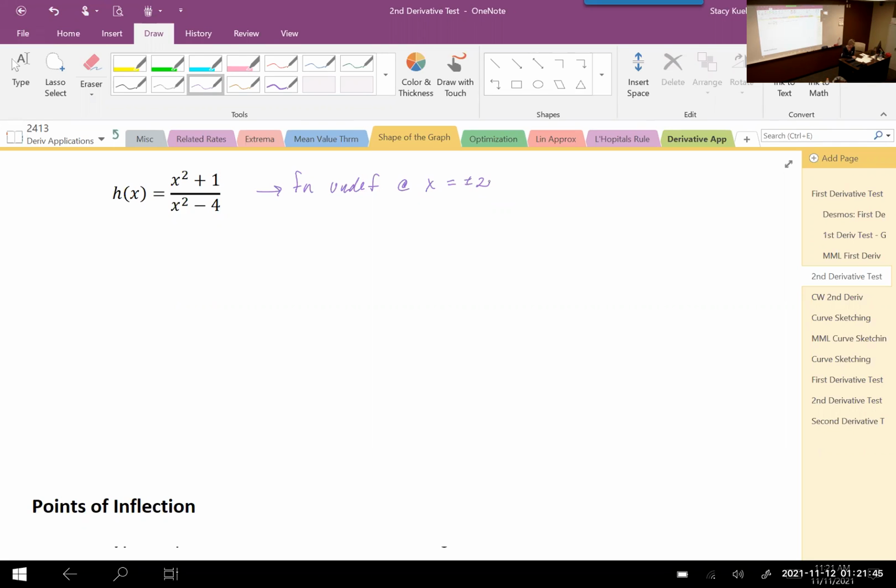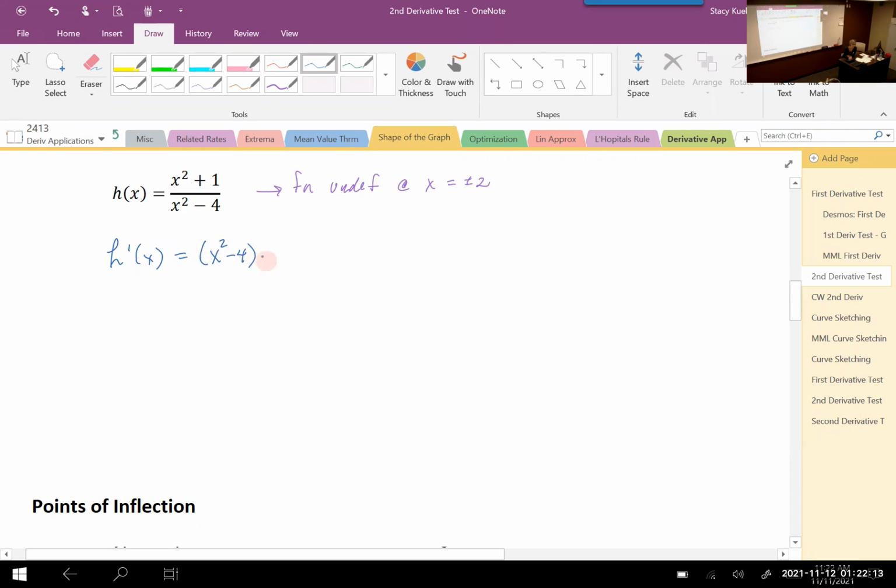So let's come in here and let's take the first derivative of this function. And h prime of x is going to give me, let's do the low-de high, high-de low today. Low is going to give me x squared minus 4.